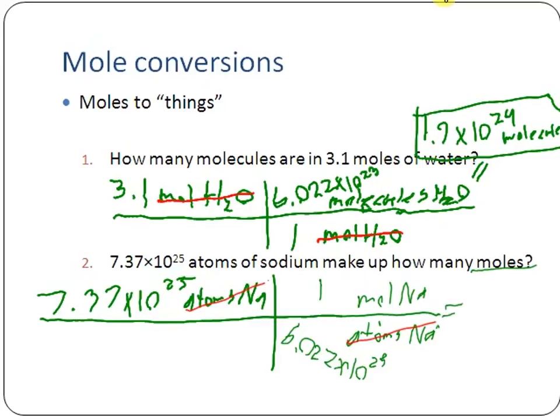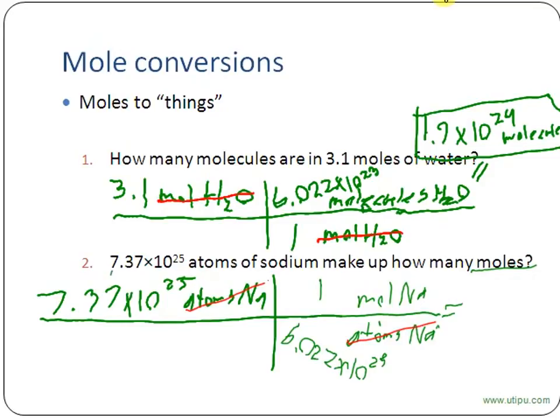So we can get out our calculators again. We say 7.37 times 10 to the 25th power times 1 divided by 6.022 times 10 to the 23rd. And so putting that in the calculator, I get 122.